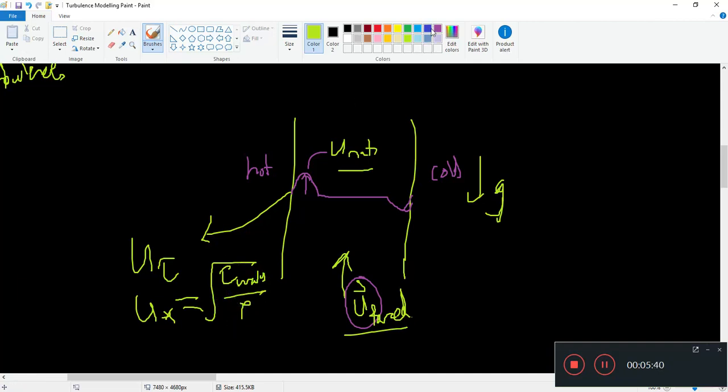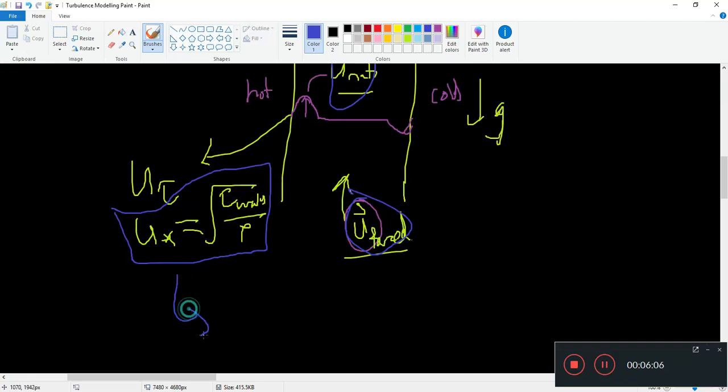Using this eliminates the discrepancy between having to choose the characteristic velocity for the natural convection or the forced convection. And there are some other advantages as well. Because in turbulence we are so concerned with the near wall region, this is a characteristic velocity in the near wall region.